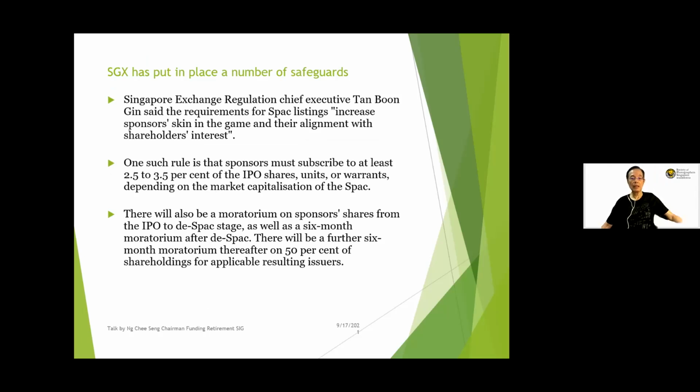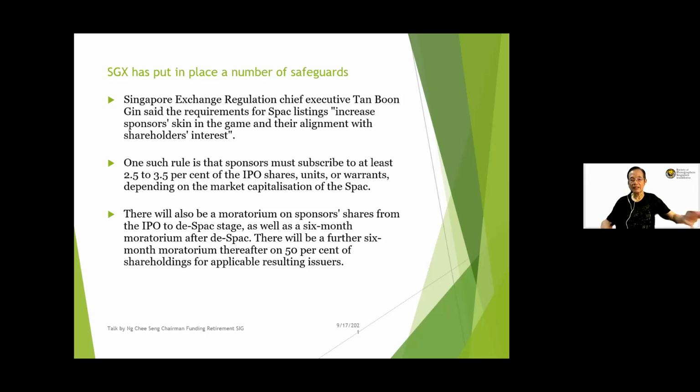So how does Singapore Exchange put in place the type of safeguard? According to our SGX Regulation Chief Executive Tan Boon Gin, he said the requirements for SPAC listing increase sponsors' skin in the game and their alignment with shareholder interest.